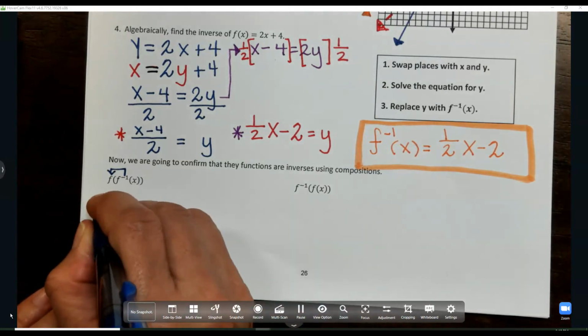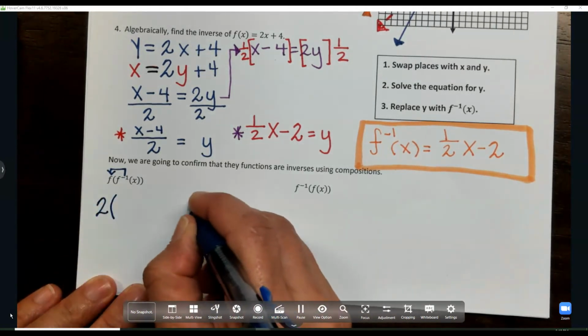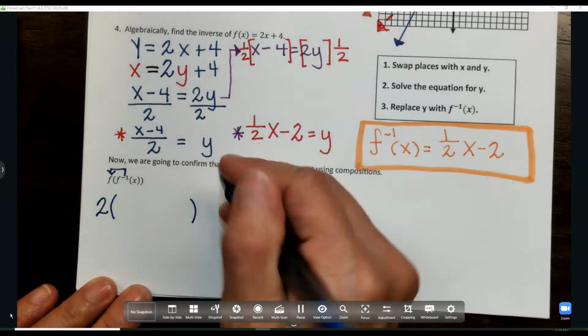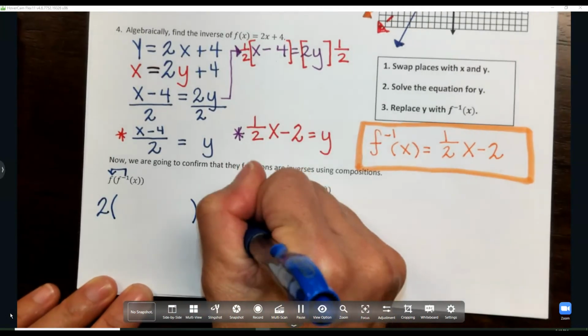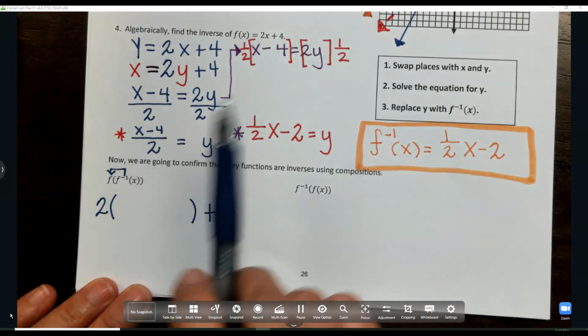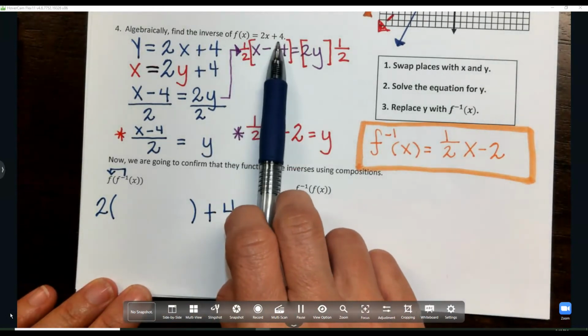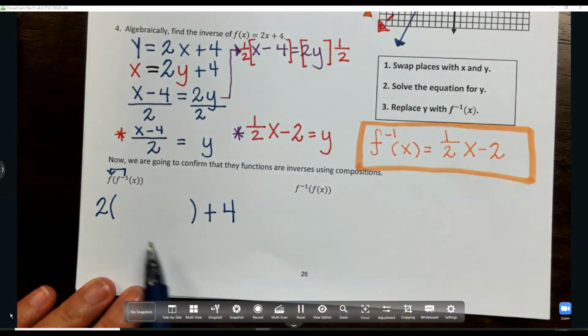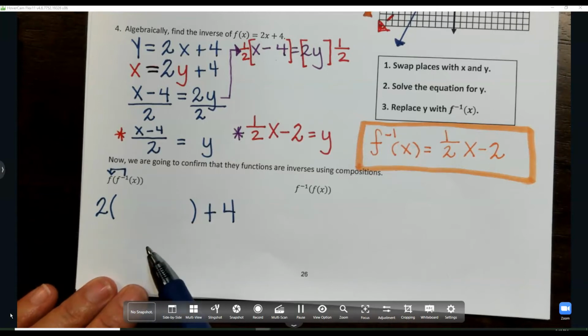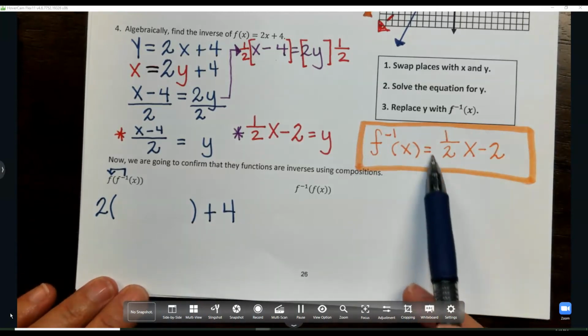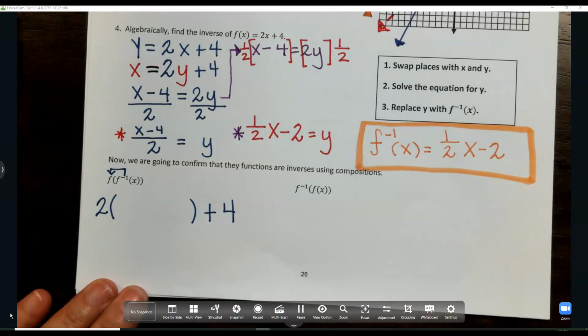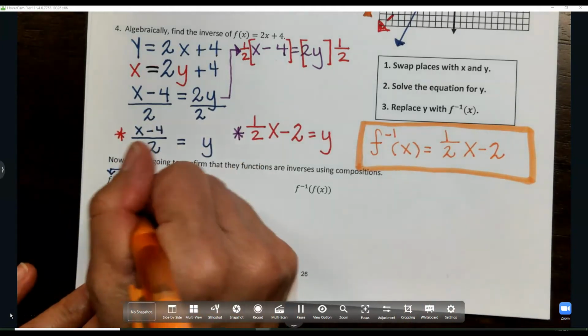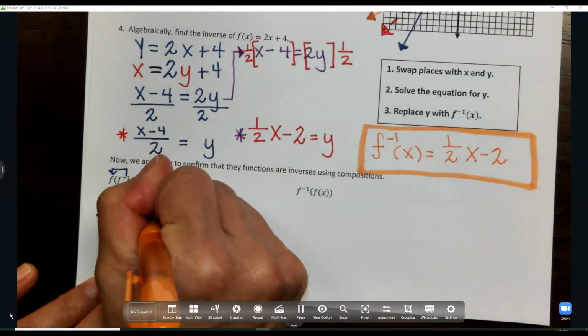So 2 times x, look how I'm writing x, 2x plus 4. Remember, that was the original function from right up there, y'all. But I did not write the letter x. I saved some space because the inverse is going in there. What is the inverse? That right there. So 1/2 x minus 2 goes in here.